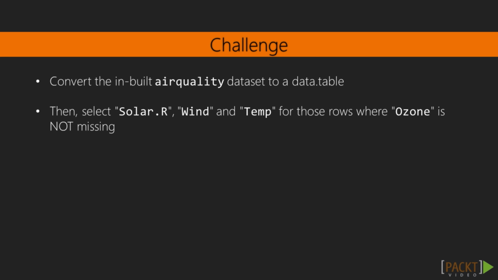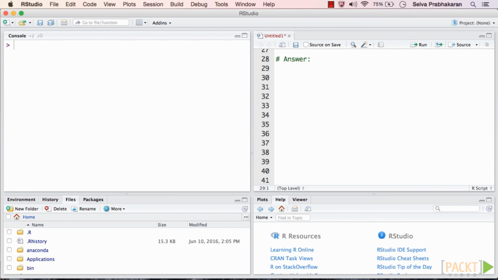Let's do a quick challenge now. Convert the inbuilt airquality dataset to a data.table. Then select Solar.R, Wind, and Temp for those rows where Ozone is not missing. Alright, here's the answer.